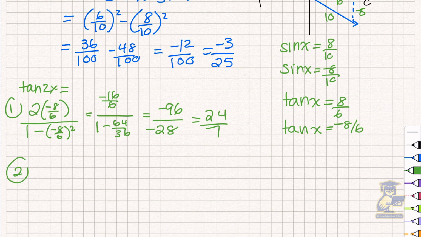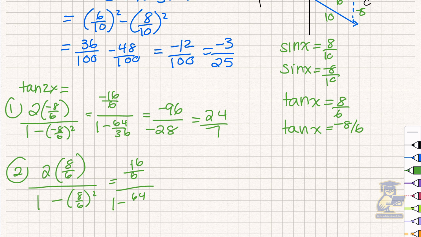Whereas for the second one, we're using positive. So we get 16 over 6, 1 minus 64 over 36. So this time we end up with positive 96 over negative 28, which is negative 24 over 7. So notice we have two different answers for this one. Same values, but one is negative, one is positive.